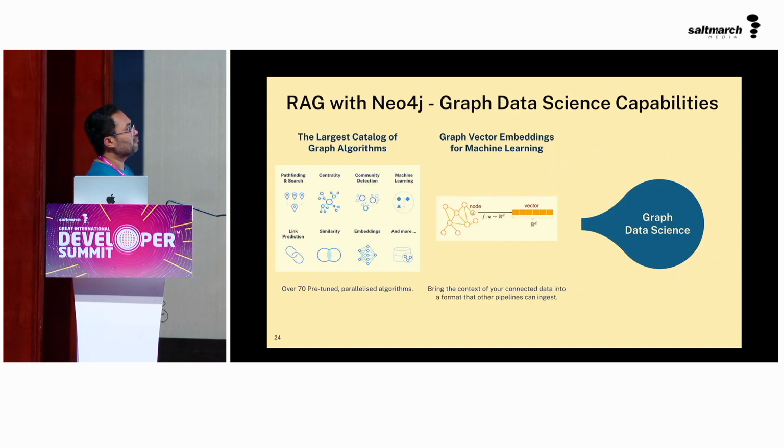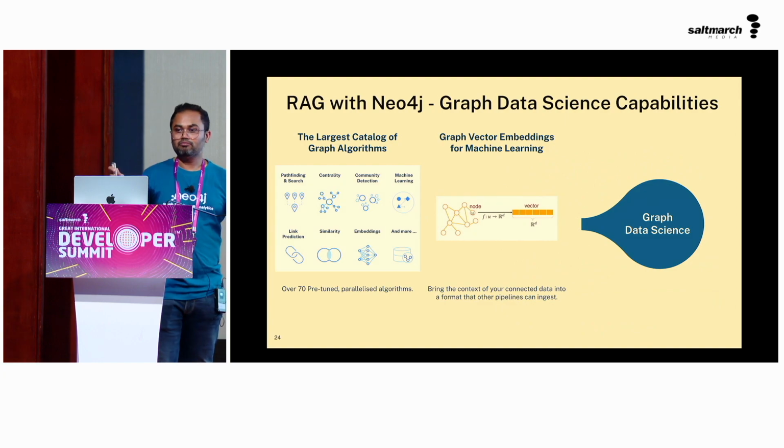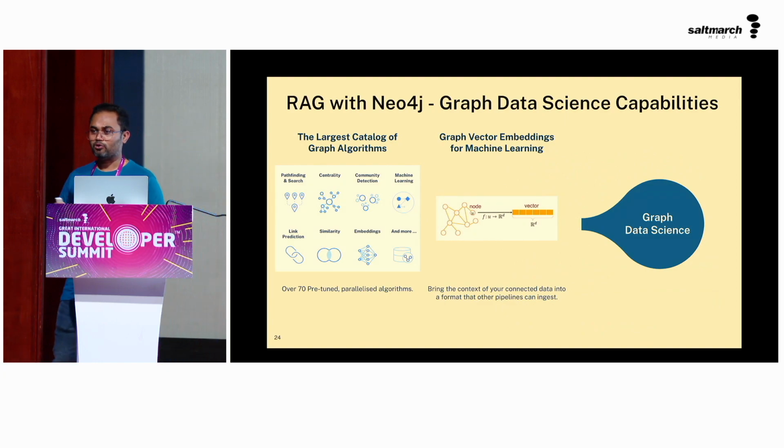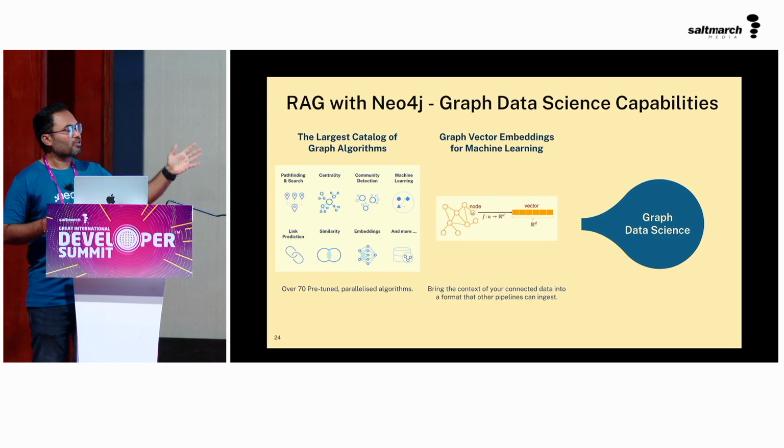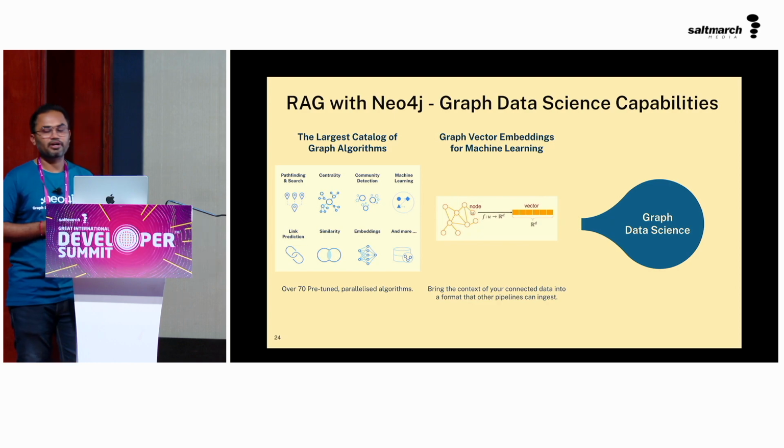And last, we also have graph data science capabilities. We are talking to multiple customers around the globe, and currently one customer, a large investment firm, is moving to production settings. We are using the graph data science capabilities, which help you get more insights within the business.